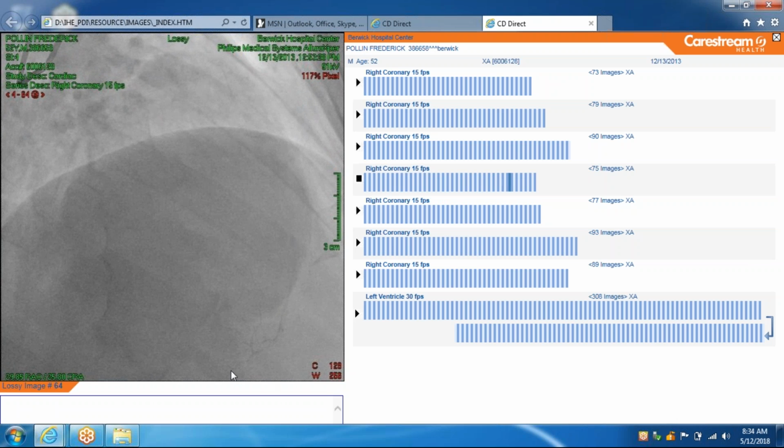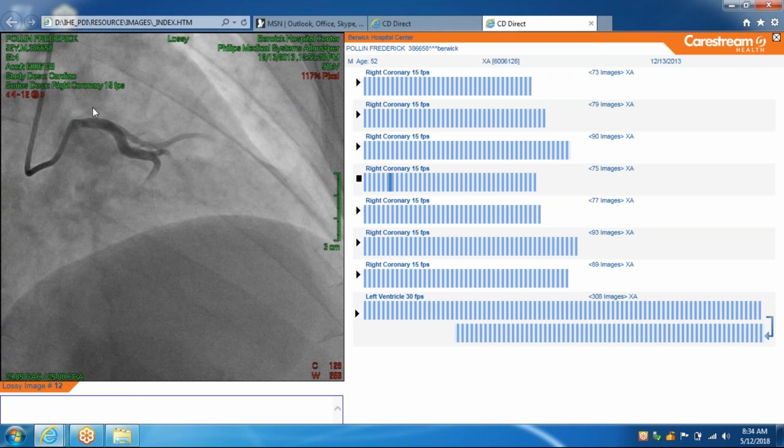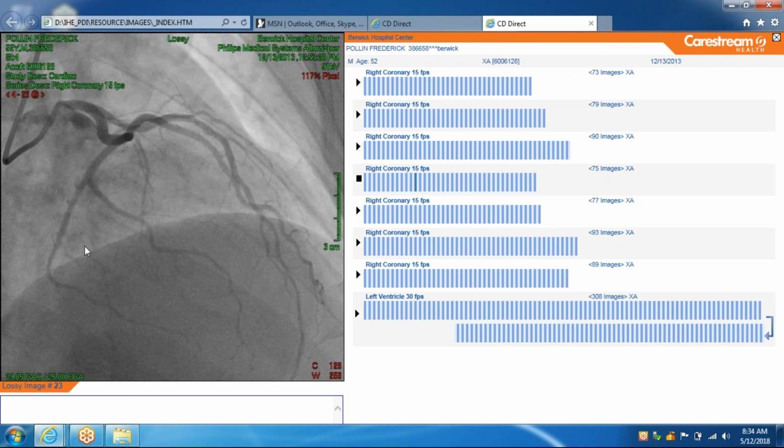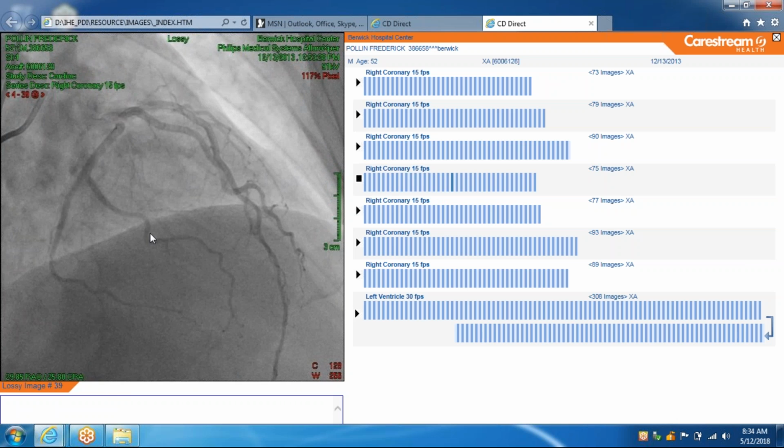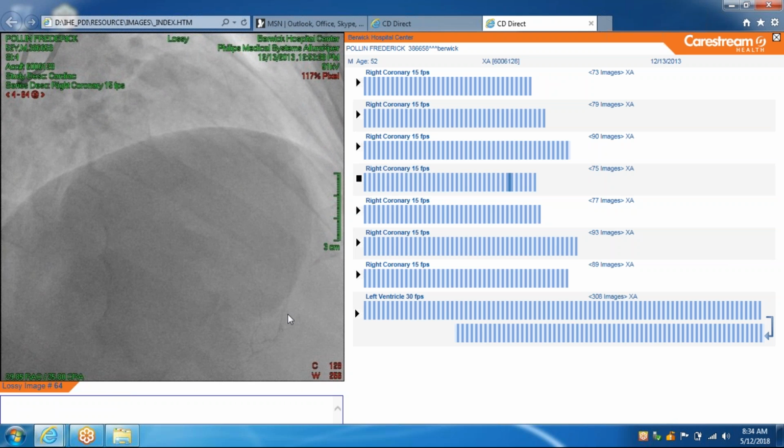Okay, again, look at your coordinates. The coordinates is RAO, right anterior oblique, 29 degrees, and there's a cranial angulation on that. Okay, this is your circumflex right here, and it gives off the obtuse marginal branch. The LAD loops around the apex of the heart.